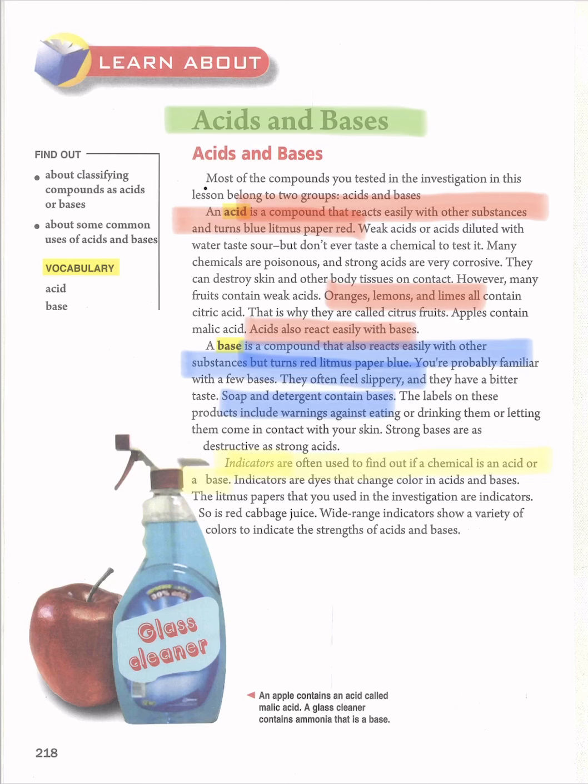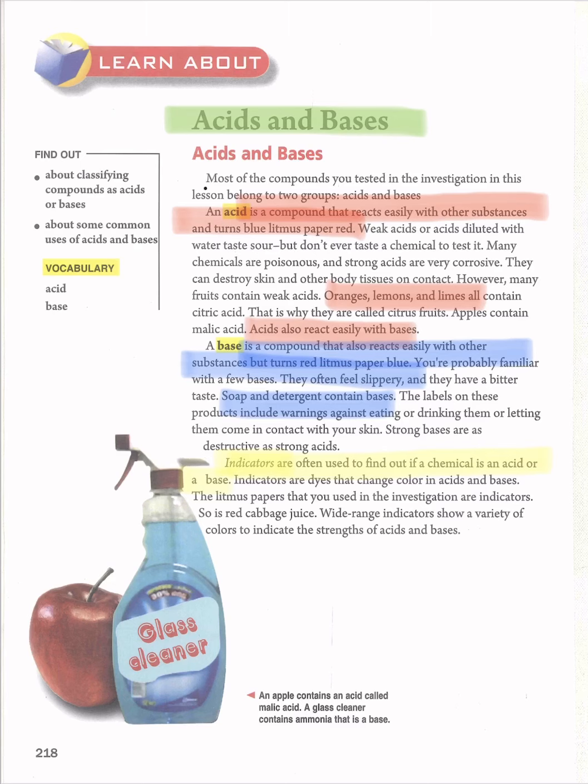An acid is a compound that reacts easily with other substances and turns blue litmus paper to red. It means when you put litmus paper, which is a paper with a blue color, the color will change to red.